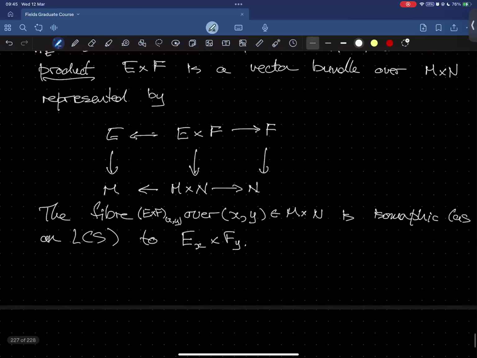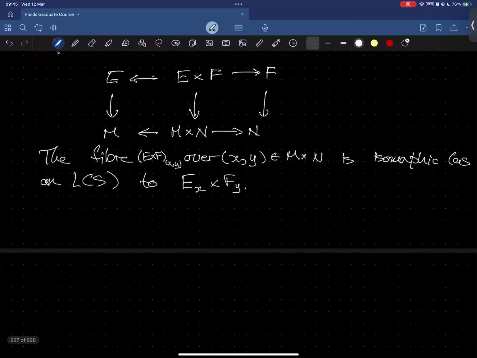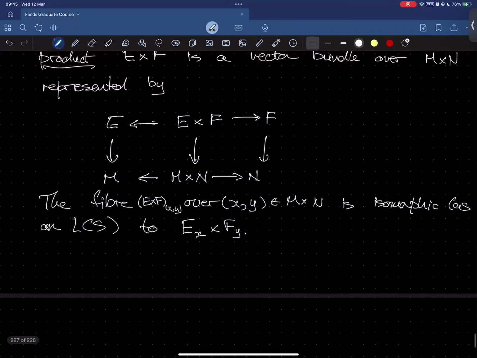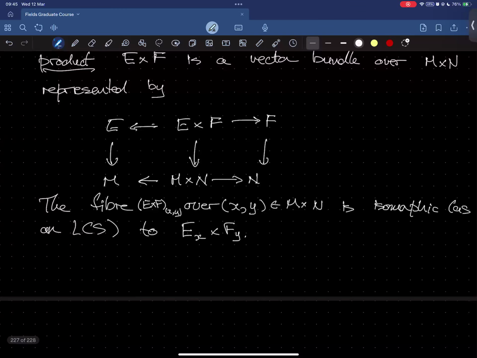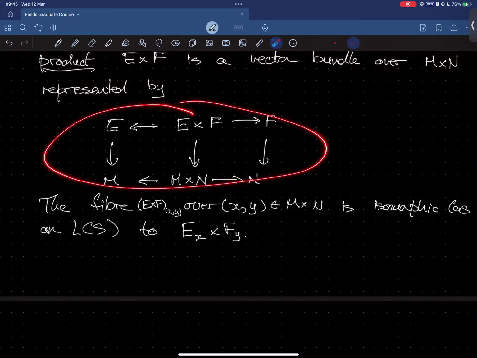The product isn't actually a super useful construction. You very seldom actually deal with the product of vector bundles like this. But there are constructions related to the product of vector bundles which are important, so let's talk about those and see how they show up from products.